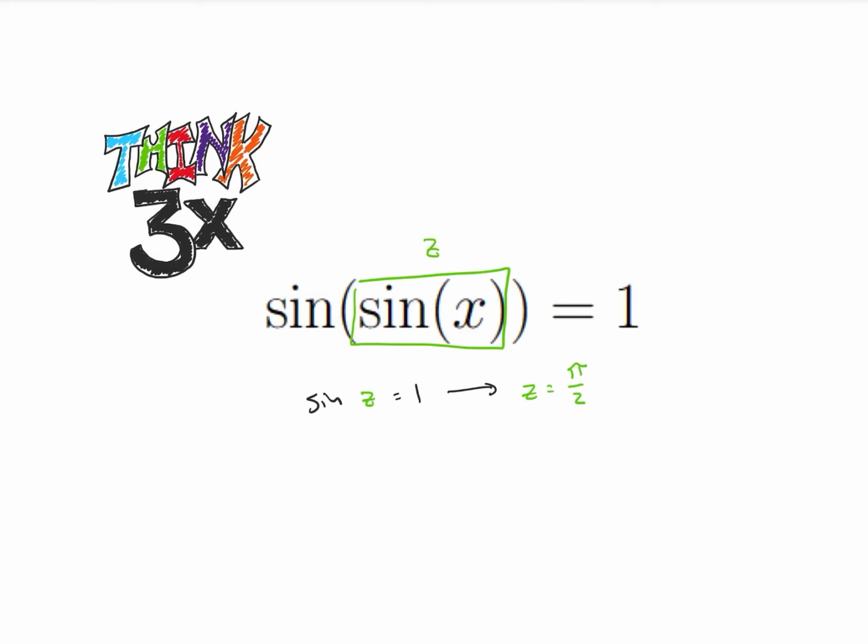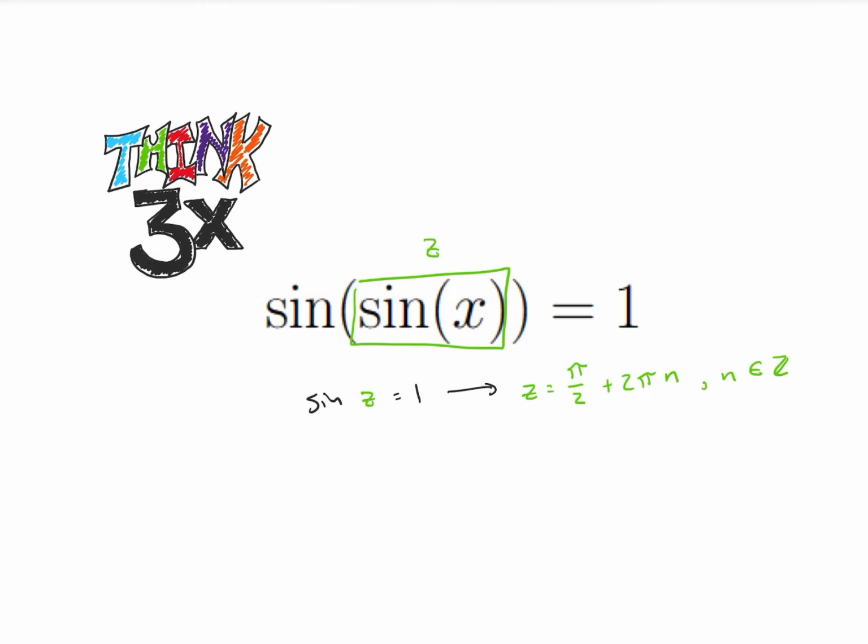Or it could be pi over 2 plus 2 pi, or pi over 2 minus 2 pi. So this could be plus or minus 2 pi times some number. We're going to call n just some element of the integers. So n is an integer, and z is anything pi over 2 plus 2 pi n.